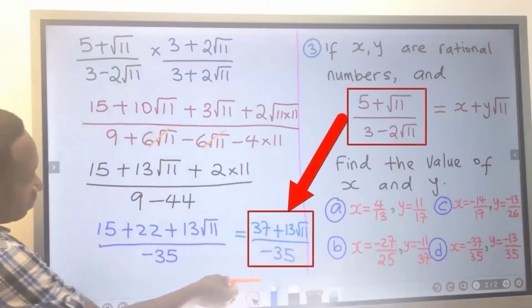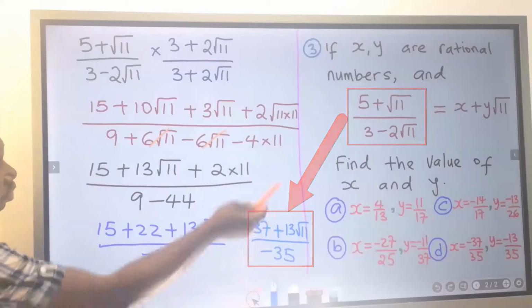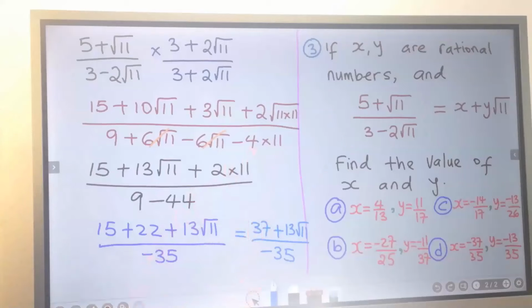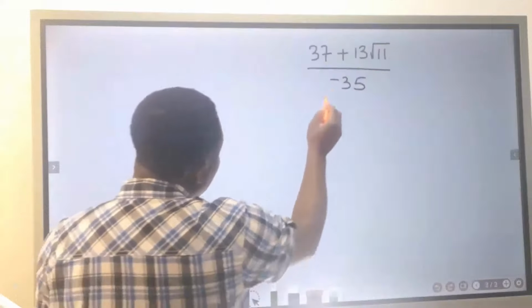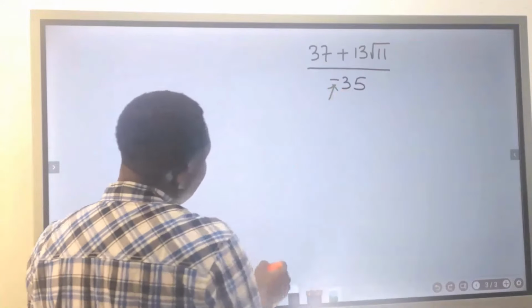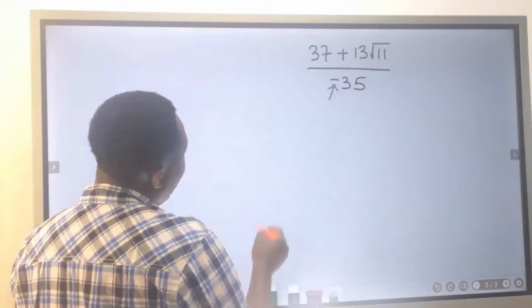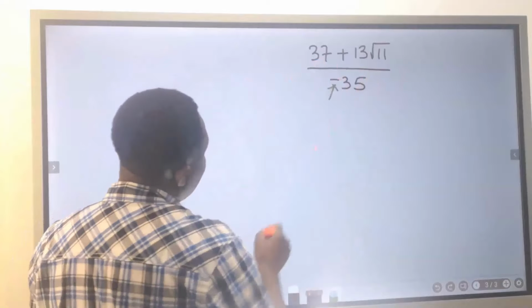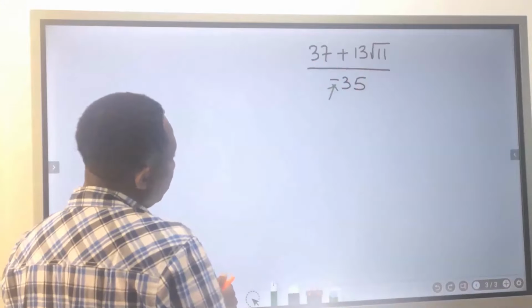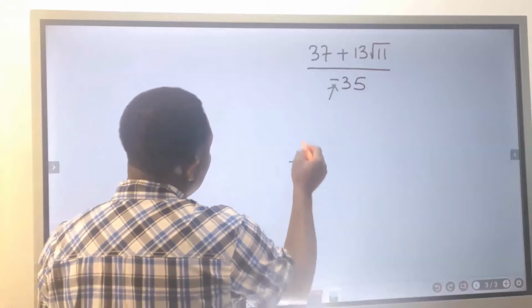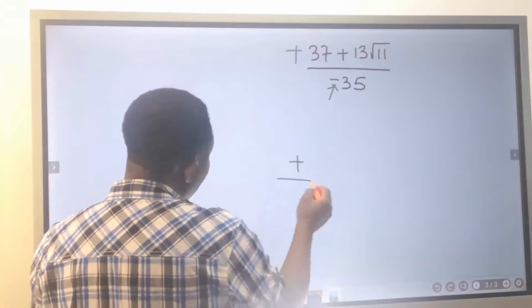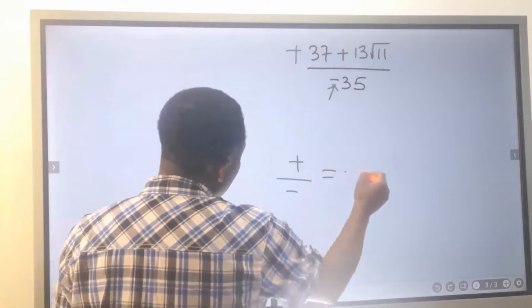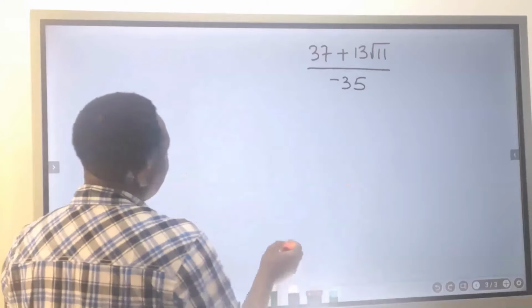Next, we're going to simplify this further before we compare both sides of the equal sign. Next, this minus at the denominator will actually affect everything at the numerator, because plus divided by minus returns a minus.